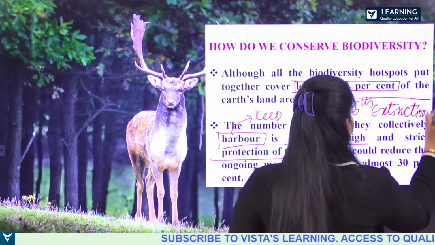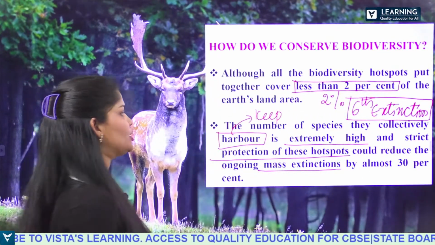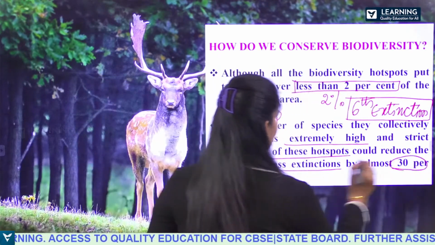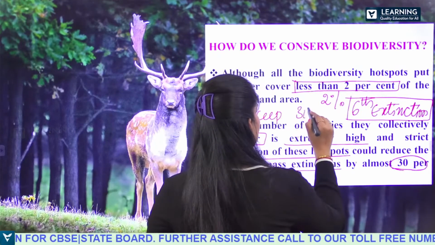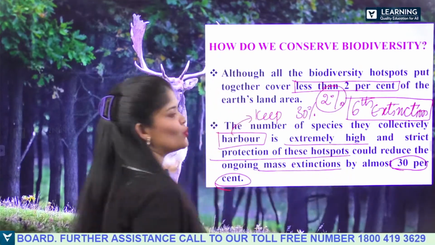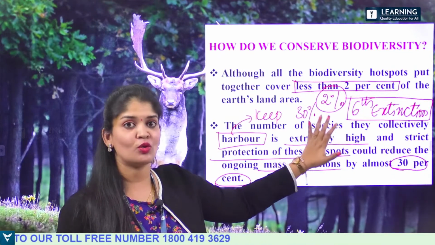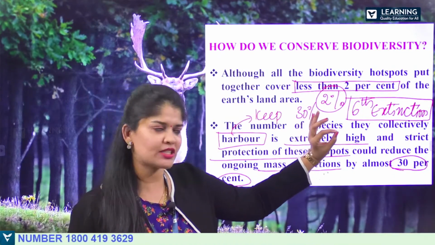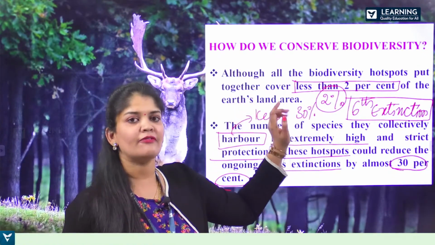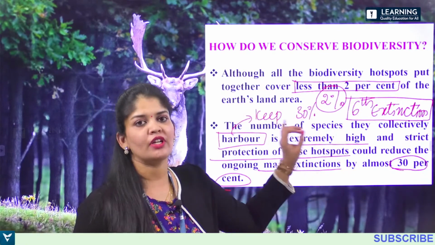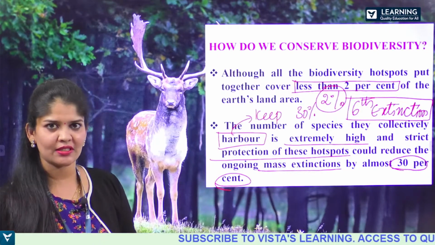And the rate at which the 6th extinction is happening, we can reduce it by 30% if we conserve these hotspots. Though they cover a very small percentage, that is 2% of the total Earth's land area, if we protect these hotspots, we are going to reduce the ongoing mass extinction by almost 30%, right?